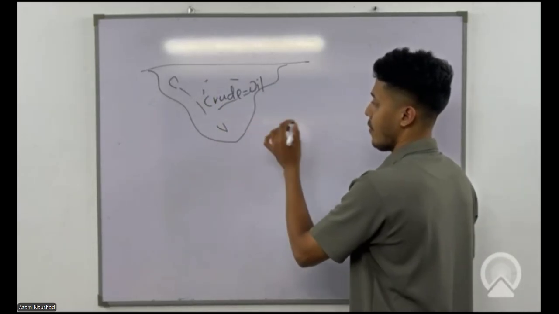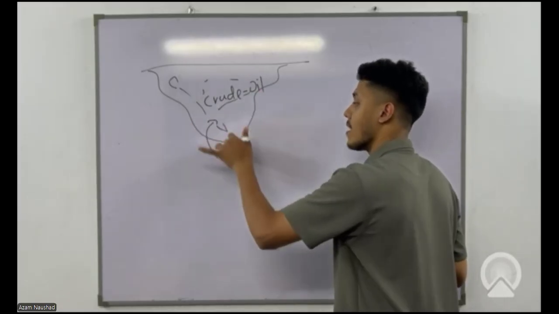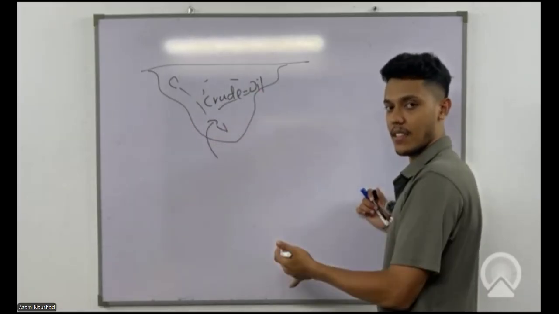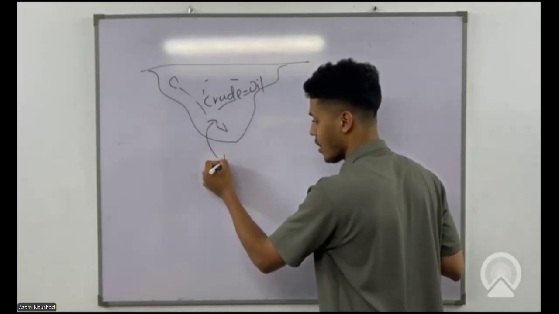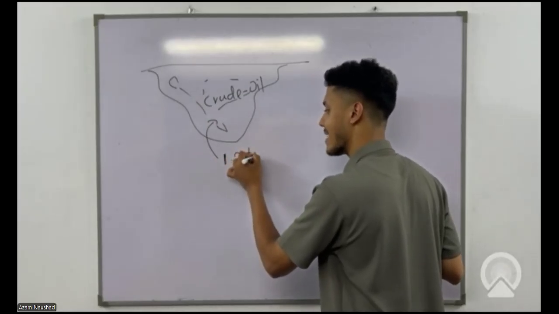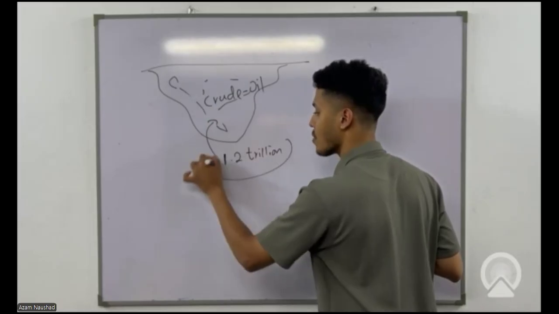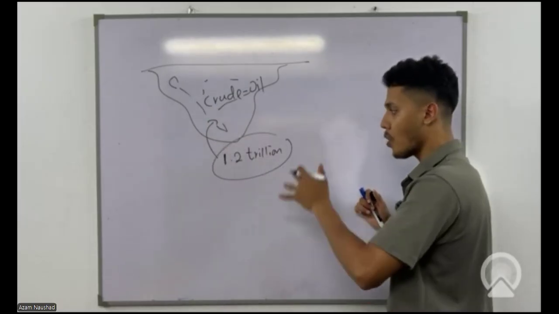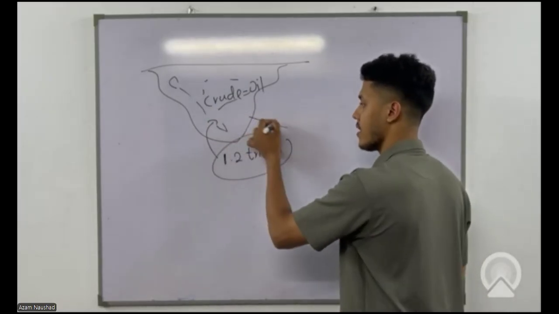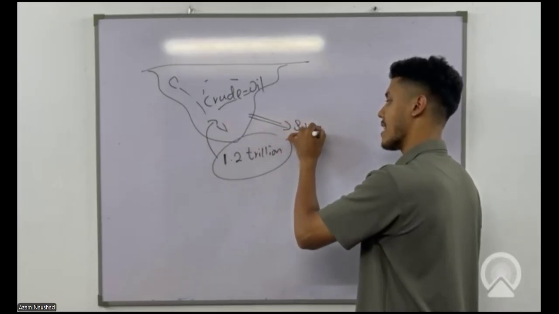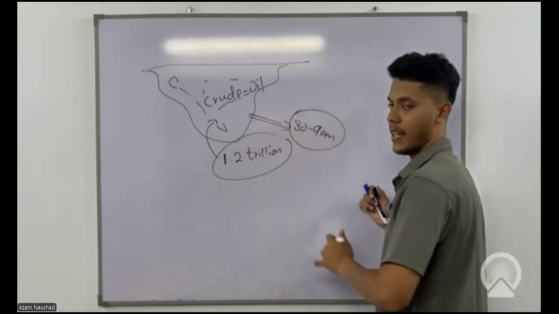And also I gave you an idea on the current stock that we got in the entire world. If we take the entire world, we got 1.2 trillion gallons of crude oil. Out of 1.2 trillion, we are using 80 to 90 million gallons per day.